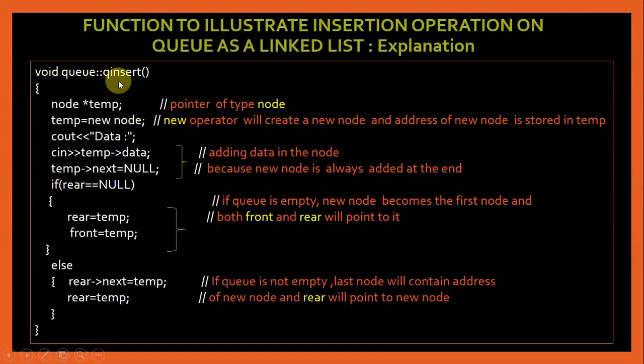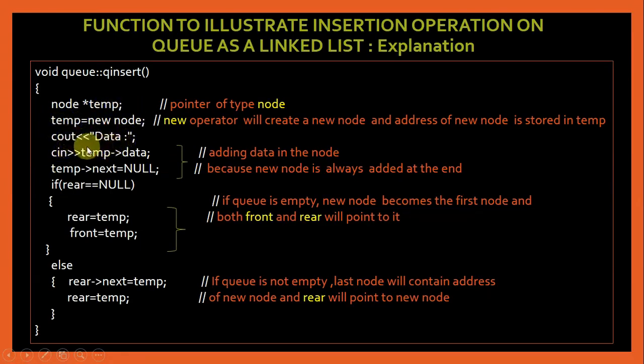Now let us understand this function in more detail. In the Q insert function, in the beginning we are creating a pointer of type node. This is the pointer temp, which is of type node. Then new is an operator. It is an operator which allocates a memory of the type given after it. Here the type is node, so it will create a memory of type node and return the beginning address of this memory, which will be stored in temp.